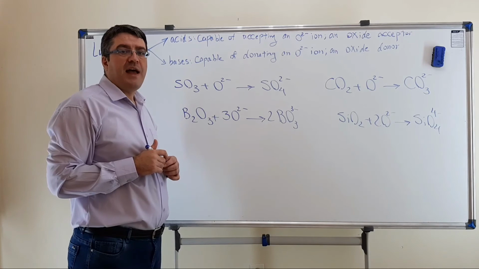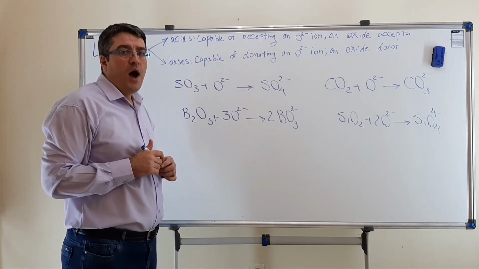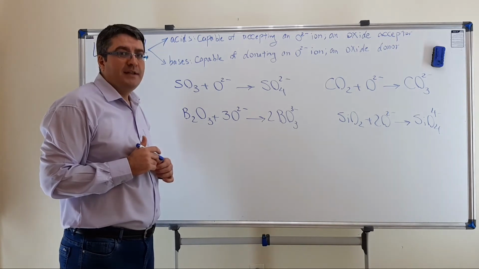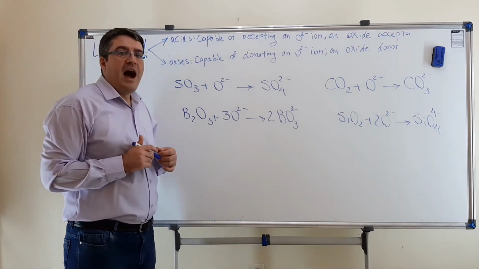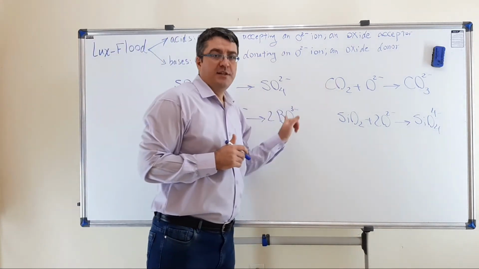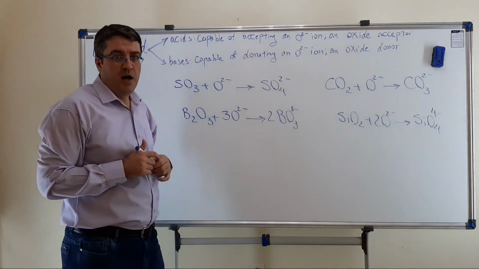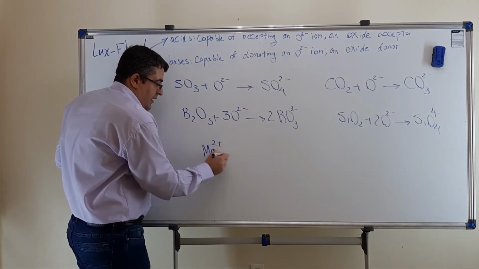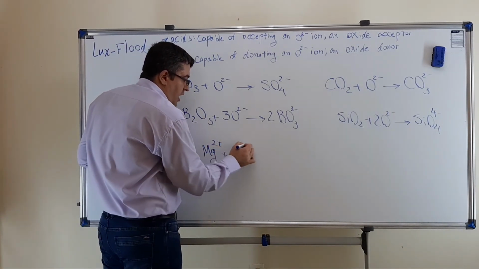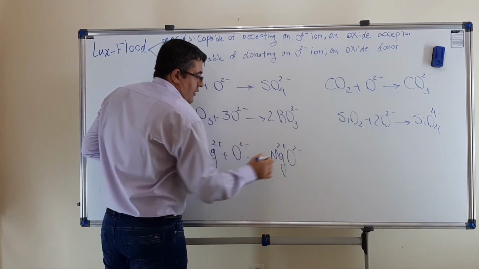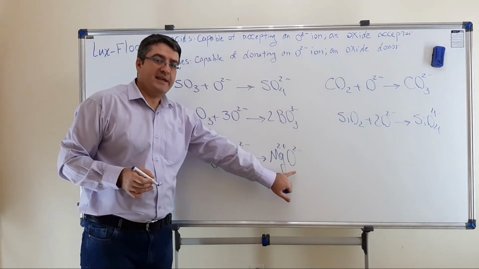Finally, in the case of the atoms with low ionization energies, like atoms of metals, we don't have covalent bonds like those of these ones. We have ionic bonds. For example, in the case of magnesium ions, we will have this ionic phase.